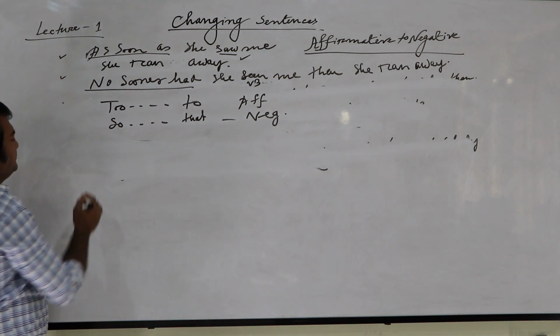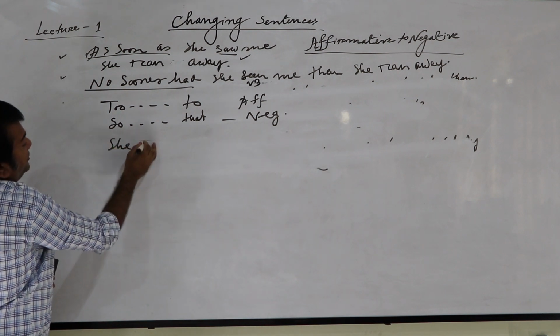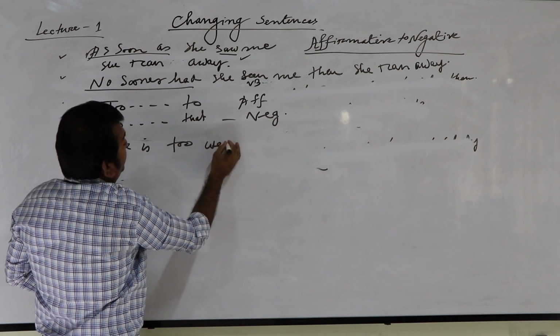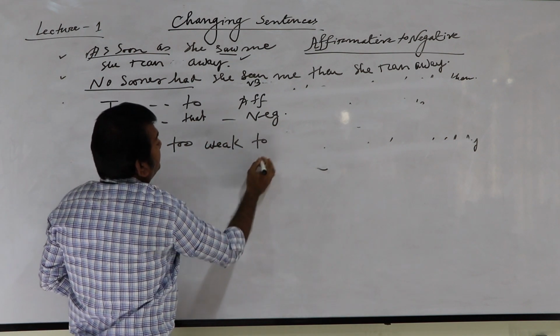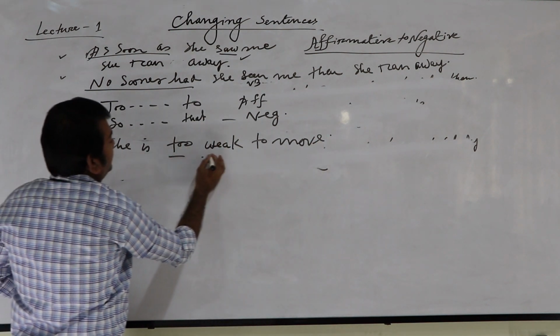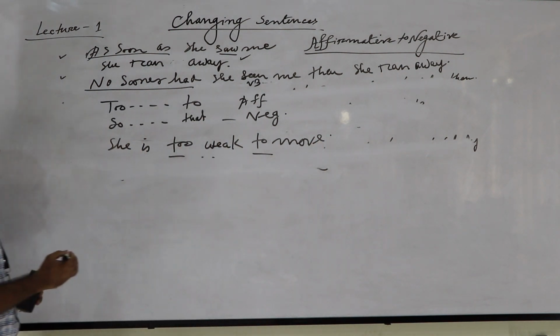For example, she is too weak to move. This is the affirmative.